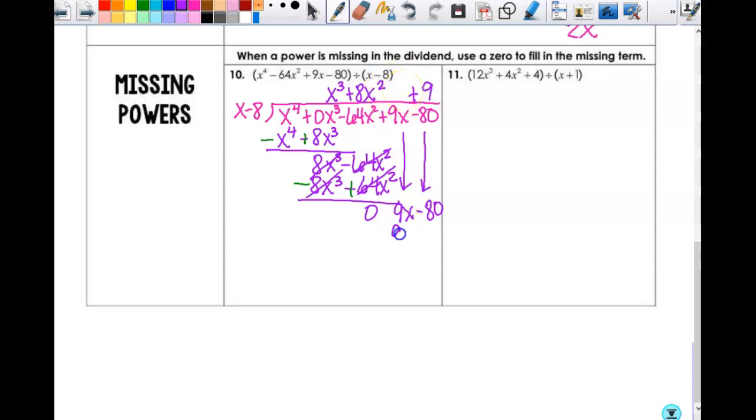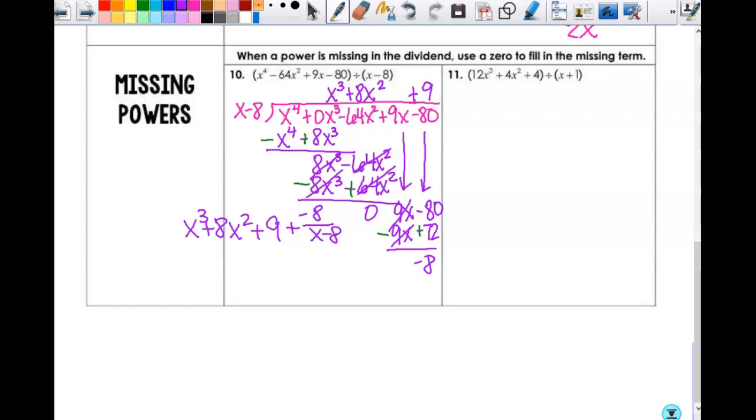So then this gives me 9x minus 72. Then I change the signs. And these zero out, and I get a negative 8. So my answer is x cubed plus 8x squared plus 9 plus a negative 8 over x minus 8.